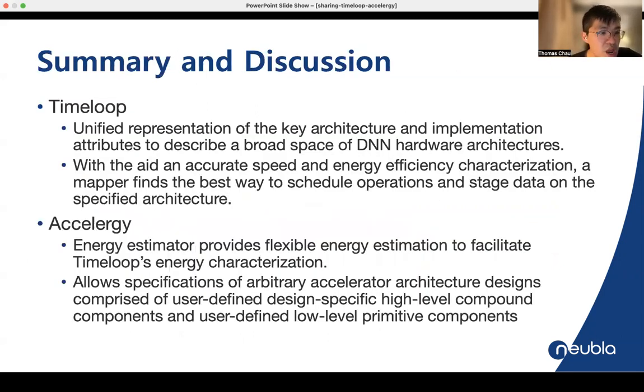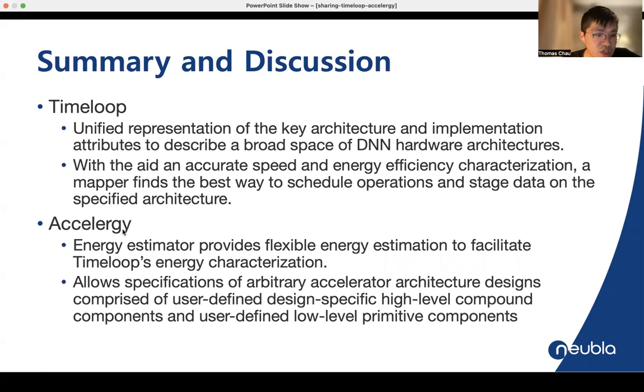So in conclusion, the paper presents two tools. One is Timeloop, which provides a unified representation of the key architecture and implementation attributes to describe a broad space of DNN hardware accelerators. With the aid of an accurate speed and energy efficiency characterization, a mapper finds the best way to schedule operations and stage data on the specified architecture.